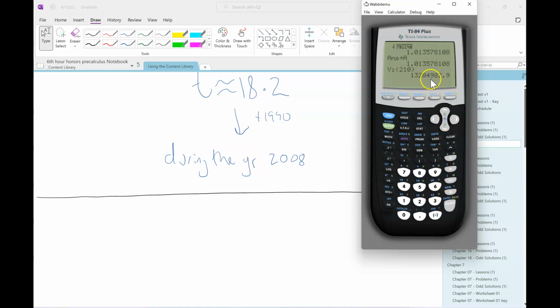According to my model, my population is going to be 13 million or something. Does that seem reasonable? The city going from 700,000 people to 13 million people? Why not?